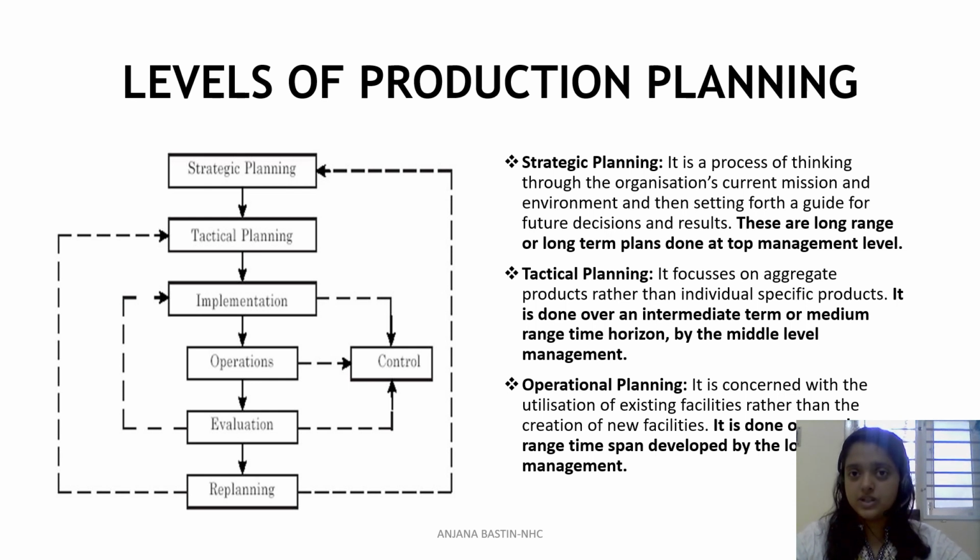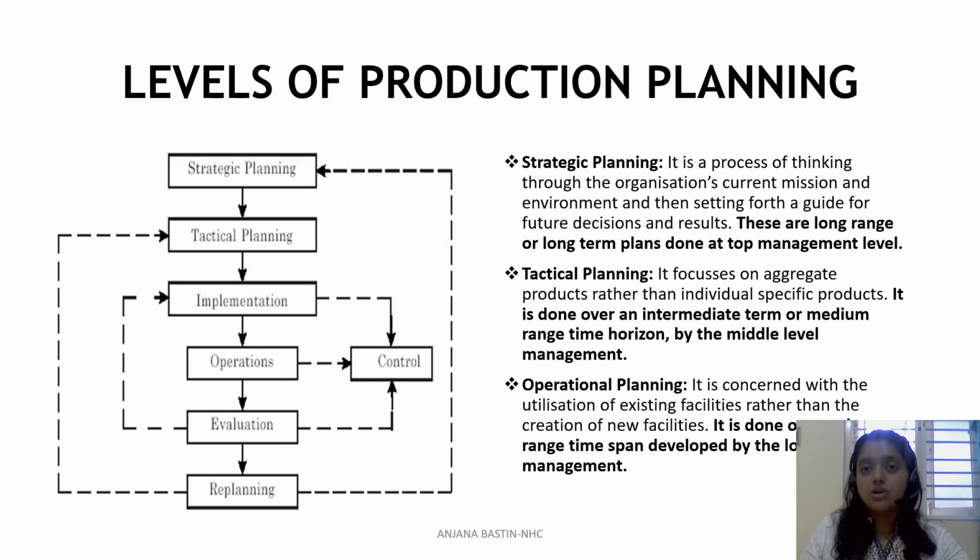So we analyze the current situation, then we plan to change the situation to a better position. What are the ways in which you can do it? How exactly can you guide the company to go from the current position to a better position? That is your strategic planning. Is it clear to you?